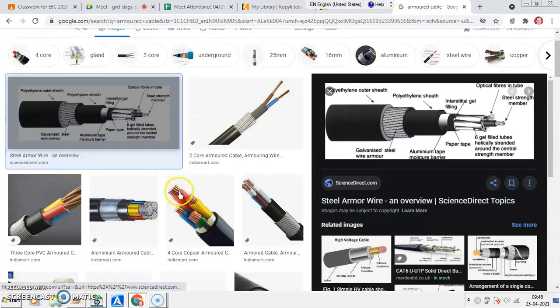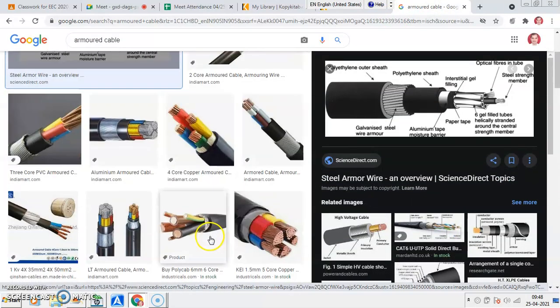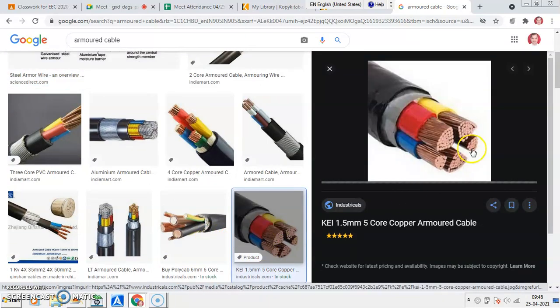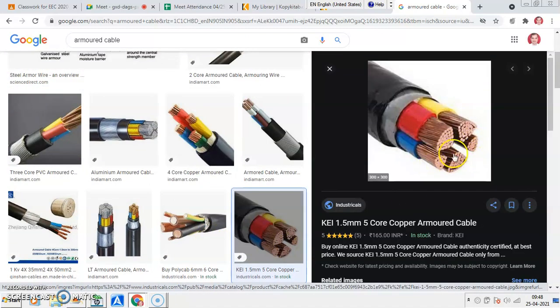In this particular diagram, you can see this particular cable. How many cores are there? 5 core cable, 5 core armored cable.